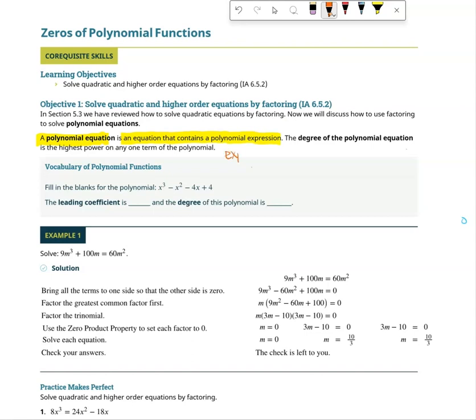An expression has no equal sign, and on this one, we just simplify it. An equation has an equal sign, and we solve it.